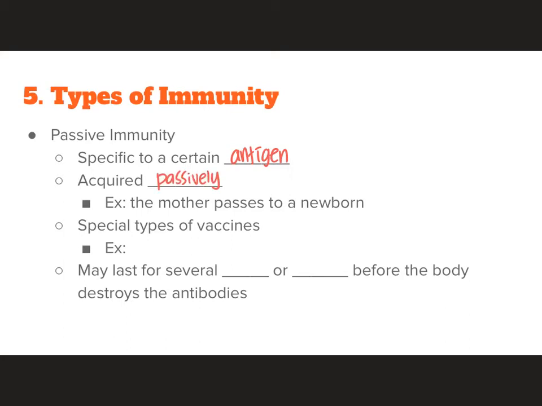Sometimes special types of vaccines are needed, for example, rabies. You may not acquire antigens for rabies naturally because you don't really expect to have the rabies virus enter into your body. And oftentimes, when you're creating this type of vaccine, you're going to use two different types of medication together.